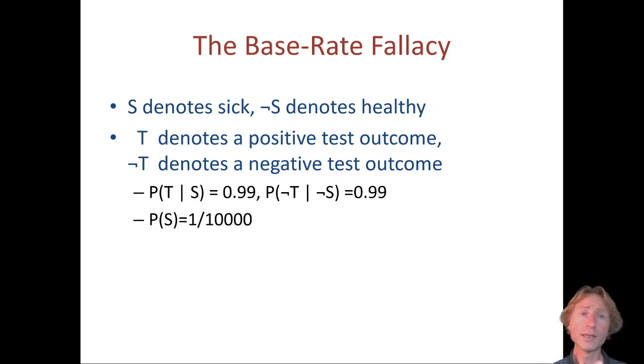So the notation that we're going to use is that if we're sick, we're S, and this is not sick, so that's healthy. This is when we test positively, so this is a bad thing, and this is not testing positive, so a negative test outcome. And what we know is that the probability of testing positively if we're sick is 0.99.